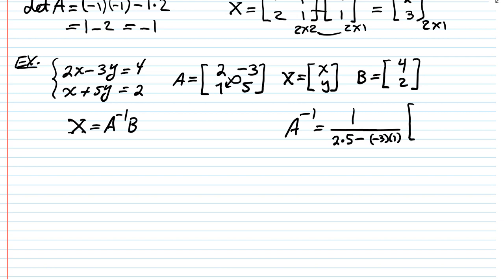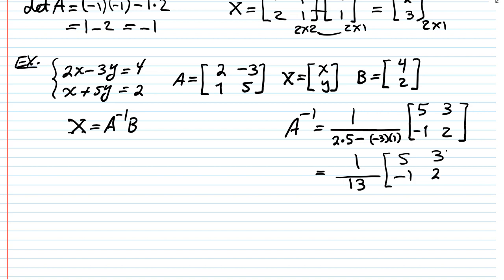And then we're going to switch the diagonal elements, 2, 5, it's going to become 5, 2. And then we change the signs on the off diagonal elements. Now, the denominator, which is the determinant, is going to be 10 minus negative 3. That's 13. And we have 1/13 times 5, 3, negative 1, 2. And there is the inverse.